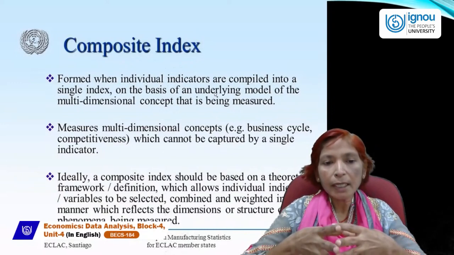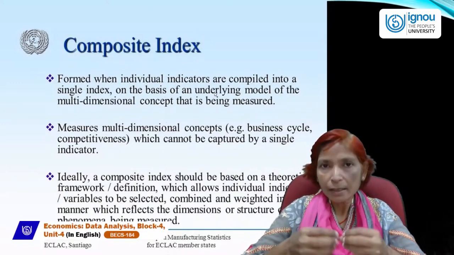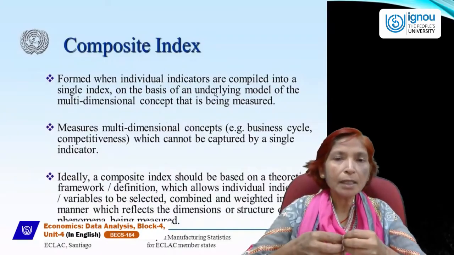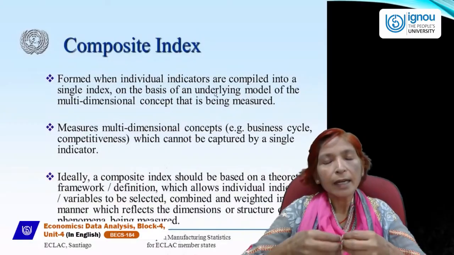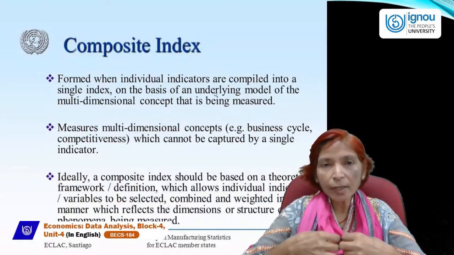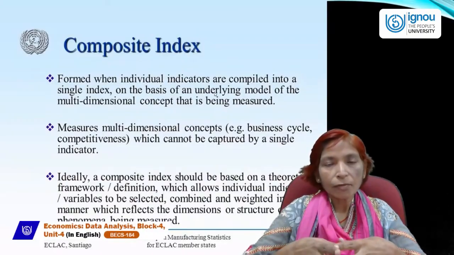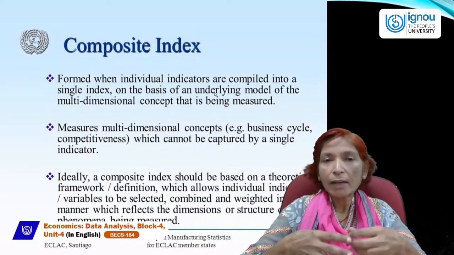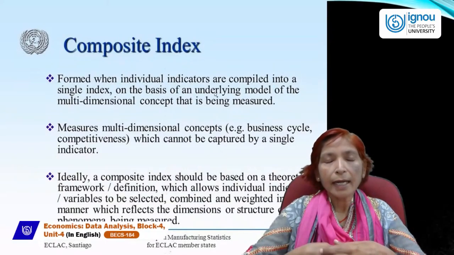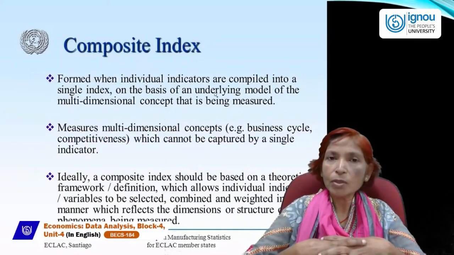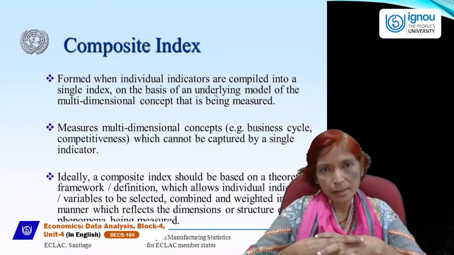So composite index is based on multivariate analysis, but the simple index number is based on univariate data analysis. Univariate is that in which only one variable is included. Bivariate is where we study two variables. And in multivariate, we can study more than two variables or different variables.